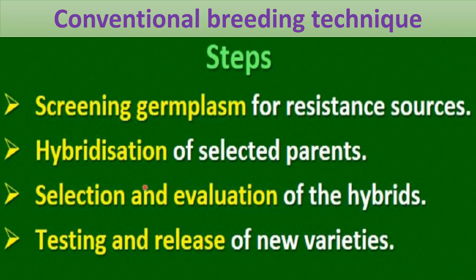So in the next step, selection and evaluation of the hybrids. You will describe all these steps like you have described these in the conventional method of plant breeding, right? Because here we are talking about the specific characteristic of the plant, that is disease resistance power of the plant. So just keep in mind that point only. So every time when you explain any step, write about that character only.